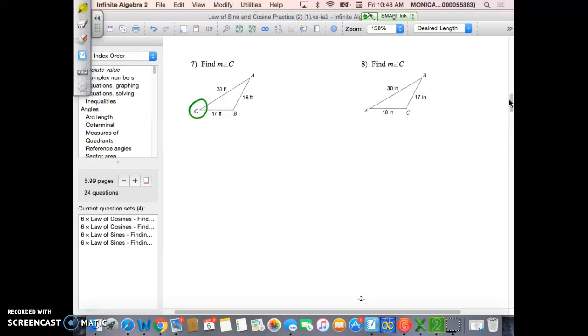Okay, so since we're looking for the measure of angle C, we're going to set up the same formula. So the first thing, we're going to label our sides. So this is C, this is A, this is B, and then we're going to choose our formula. So we're looking for C, so we're going to use C squared equals A squared plus B squared minus 2AB cosine of C. So let's type in what we know.